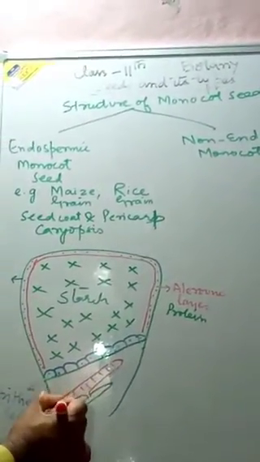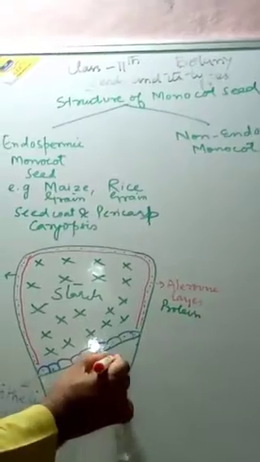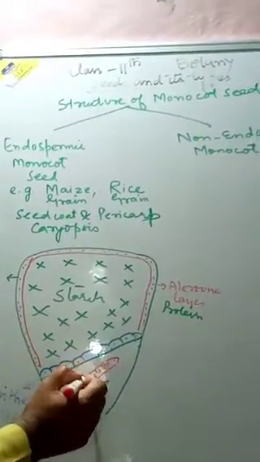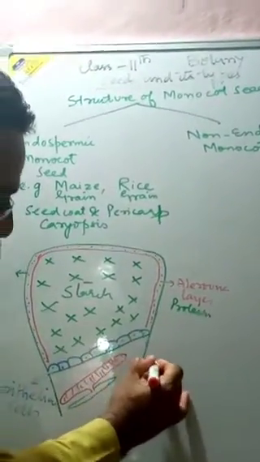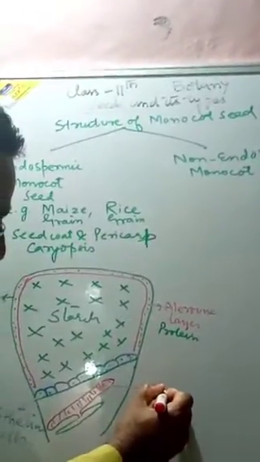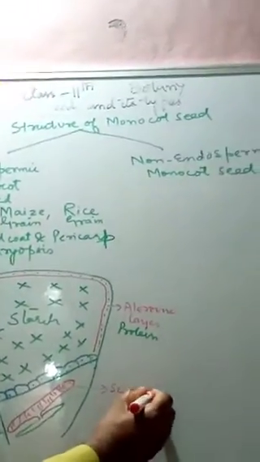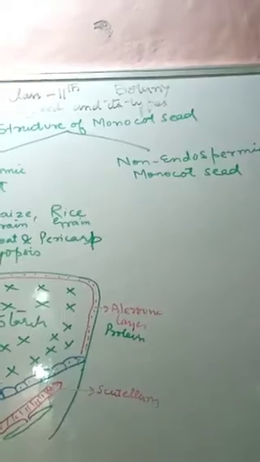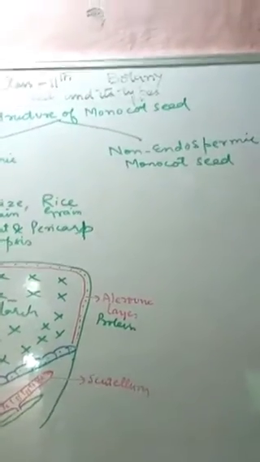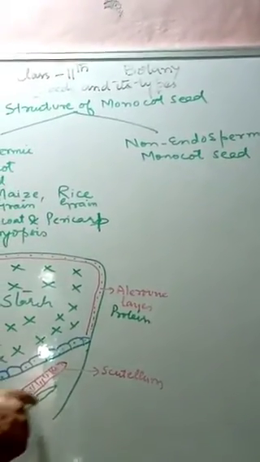This cotyledon is a papery, very much elongated structure, which is called the scutellum.